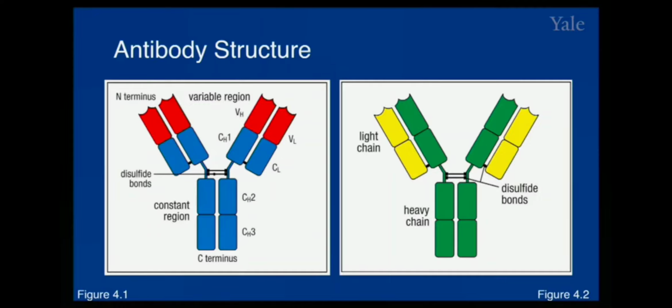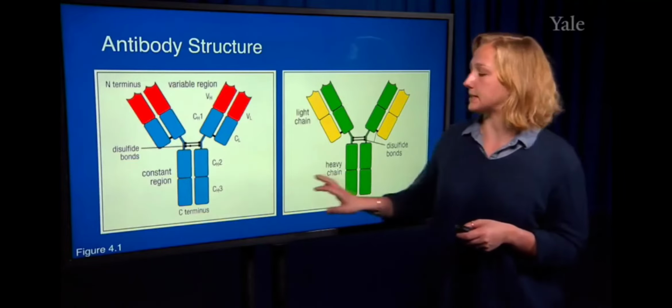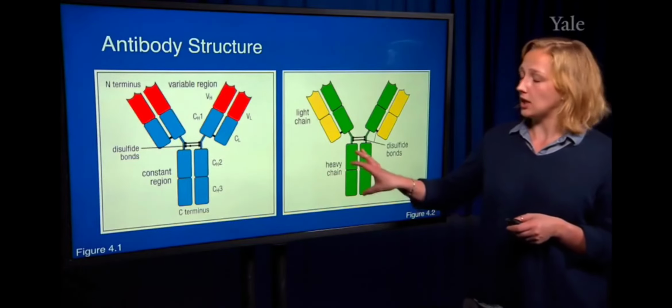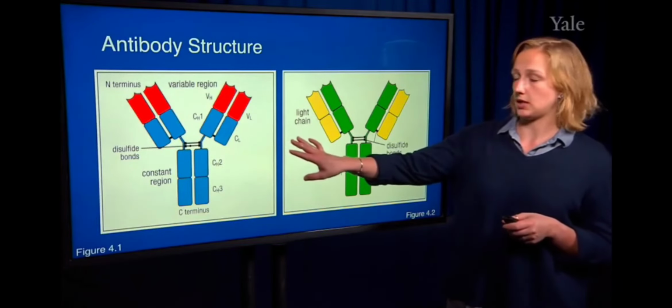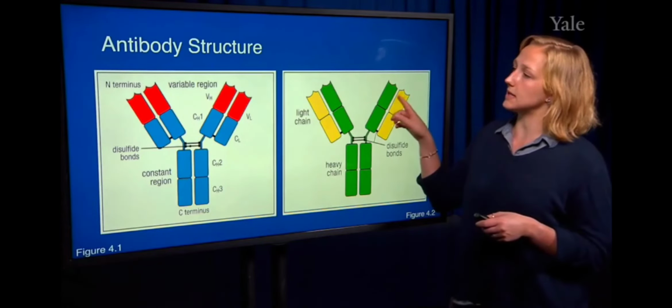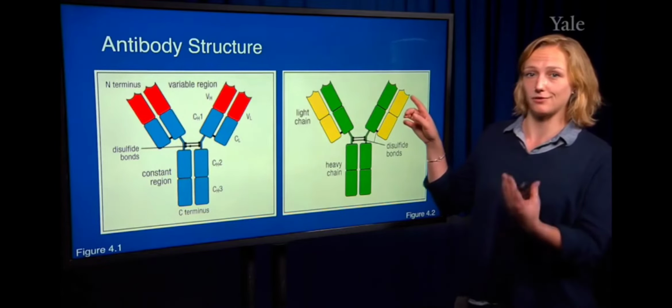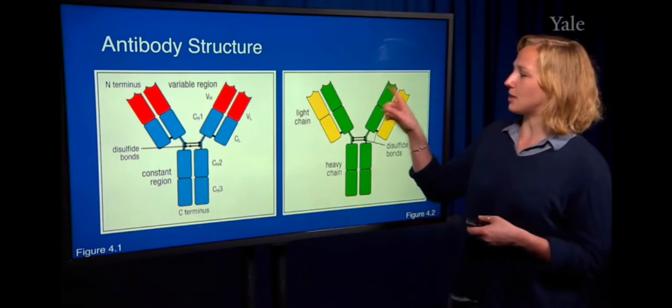The constant region of antibodies is made up of just heavy chain, and the variable region is a combination of a light chain and a heavy chain. So you can see that the variable region has even more diversity than you would think from just one chain, as it combines two different chains.